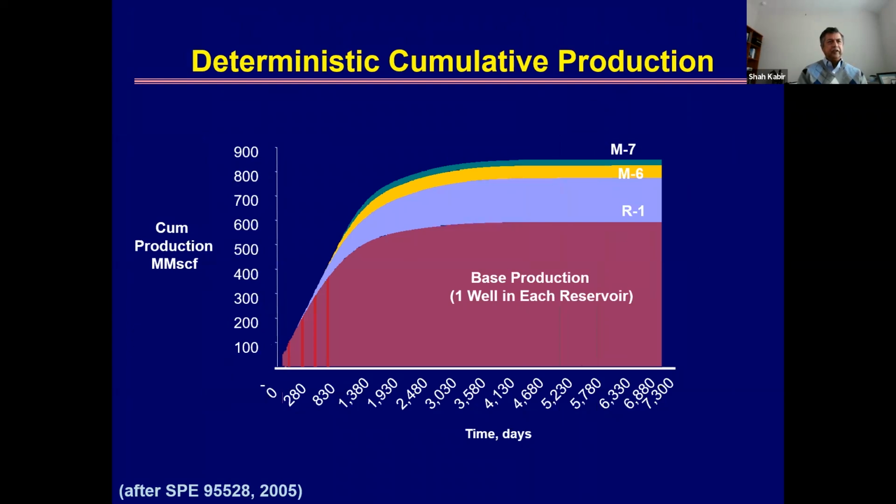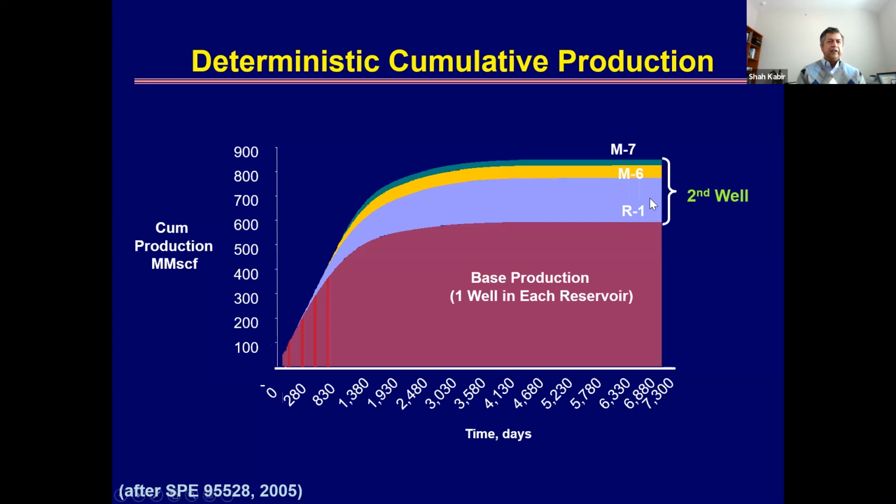So this is what we came up with. We do the deterministic approach because what we are trying to find out is how many wells we need in these different reservoir systems. This is a single reservoir. This brown shows your cumulative gas production, and this is when you add the second well.